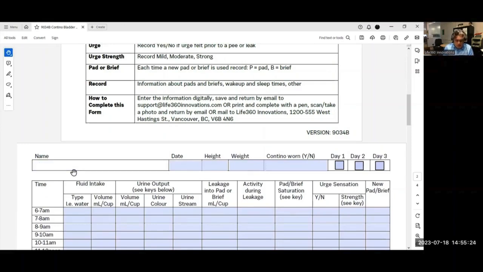In the top left-hand corner, I'm just going to type in my name. I can use the tab button to get over. Today is July 18th, 2023. I'm 6 foot, and 185.